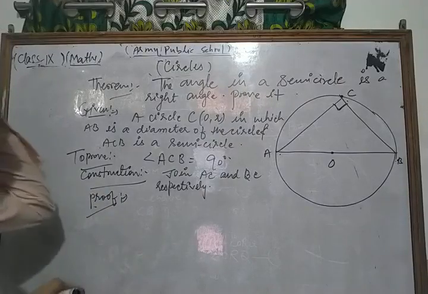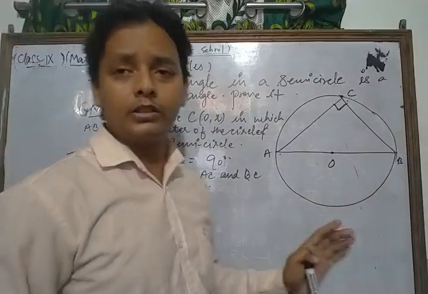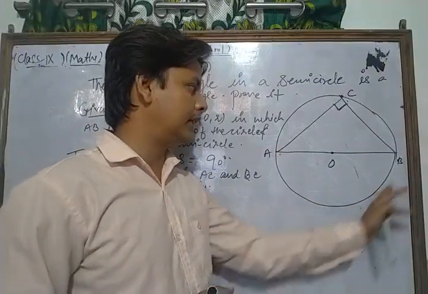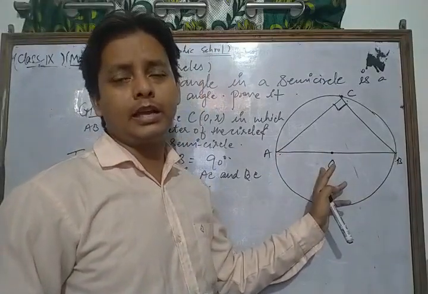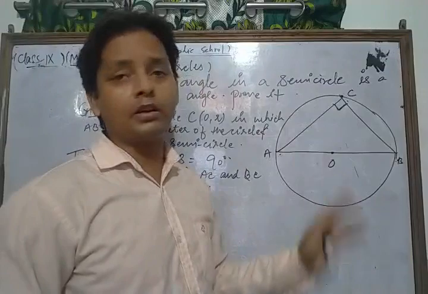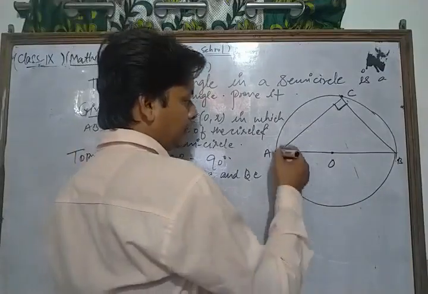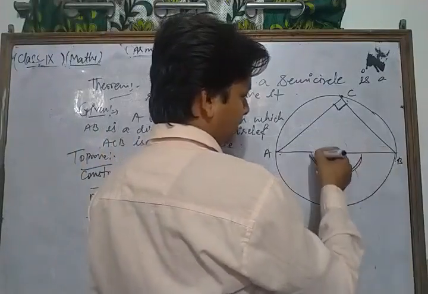Okay. Here, I just discussed a theorem that the angle subtended by an arc at the center of the circle is 2 times the angle subtended by that arc at any remaining part of the circle. Means the angle subtended by arc AB is that angle EOB.